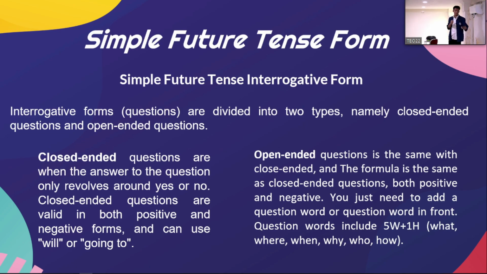And then the open-ended question has the same formula as the closed-ended question, both positive and negative. Just add a question word in front. Question words include 5W plus 1H: what, who, where, when, why, how. Okay, next slide.